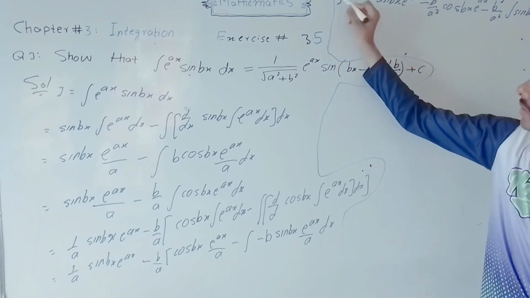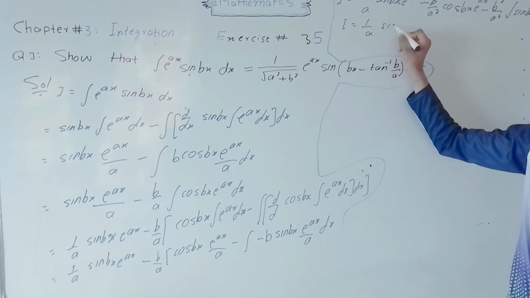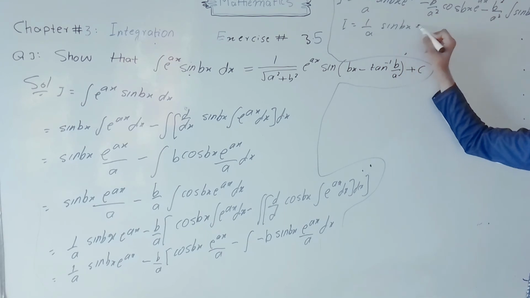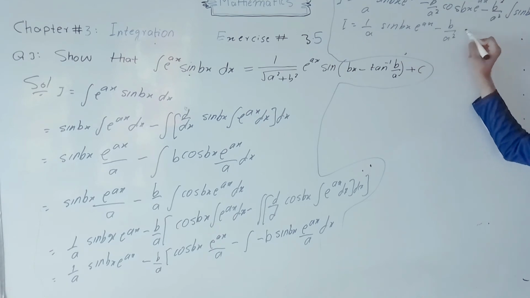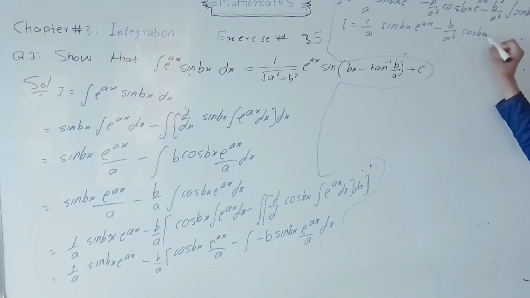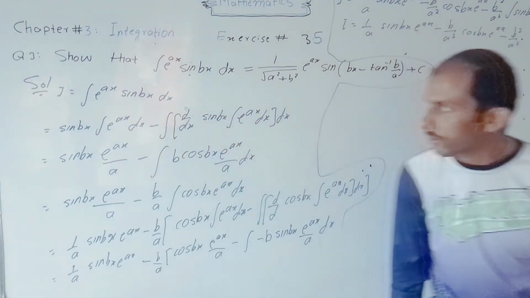So I is equal to 1 divided by a sin bx e power ax minus b divided by a square cos bx e power ax minus b square divided by a square I, where I is integral e power ax sin bx.